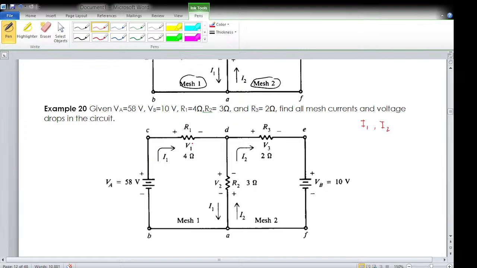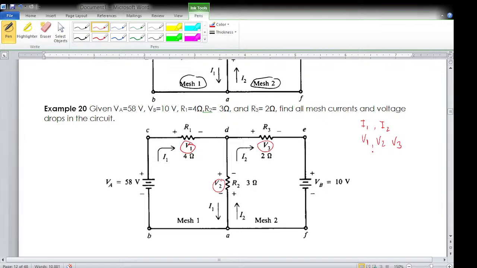V sub 1, V sub 2, and V sub 3. Those are our voltage drops. So those are the only unknowns. Take note, we are given the EMFs. We have two EMFs, V sub A and V sub B: 58 volts and 10 volts.